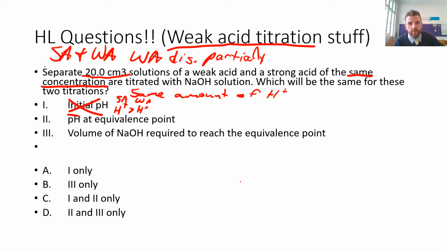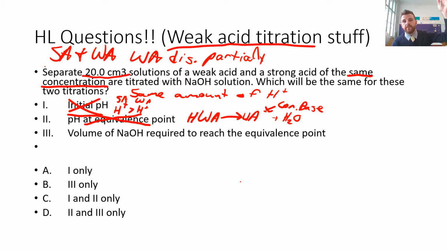The pH at equivalence point, no, because as I'm going to do HWA, as this gets titrated, we end up with WA minus plus H2O. And this is going to be a conjugate base. And since it is a base, it's going to raise the pH of the equivalence point.